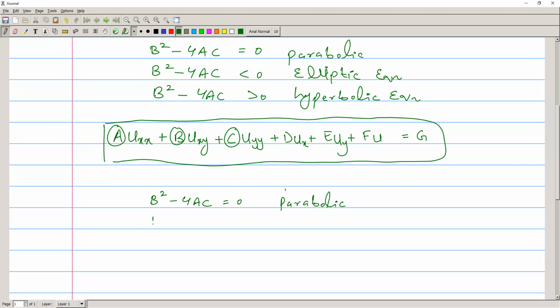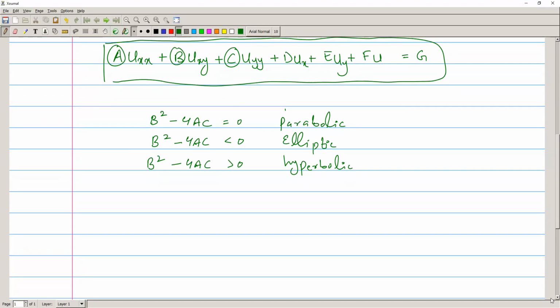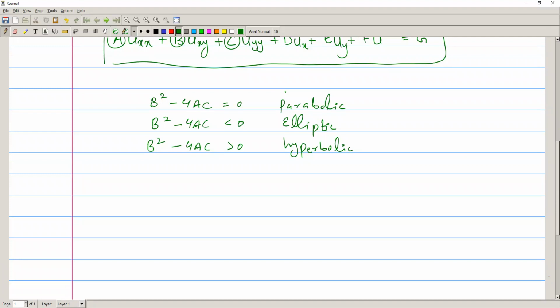If b squared minus 4ac is less than 0, we will call it an elliptic equation, and if b squared minus 4ac is greater than 0, we will call it a hyperbolic equation. These are the basic classifications of partial differential equations. There may be more classifications when we go to 3 or 4 variables, but we are only talking about 2 independent variables in this lesson.